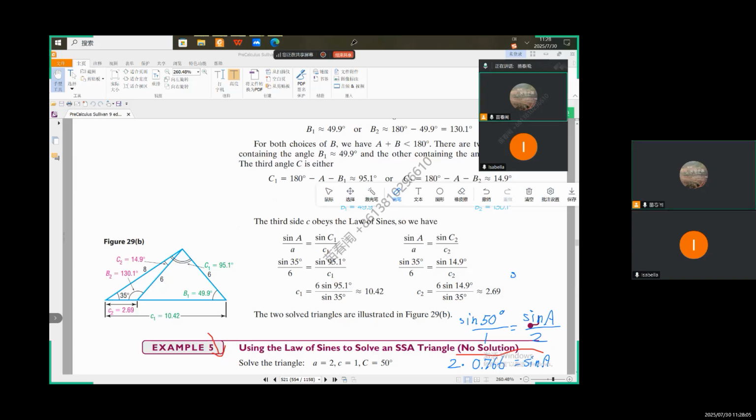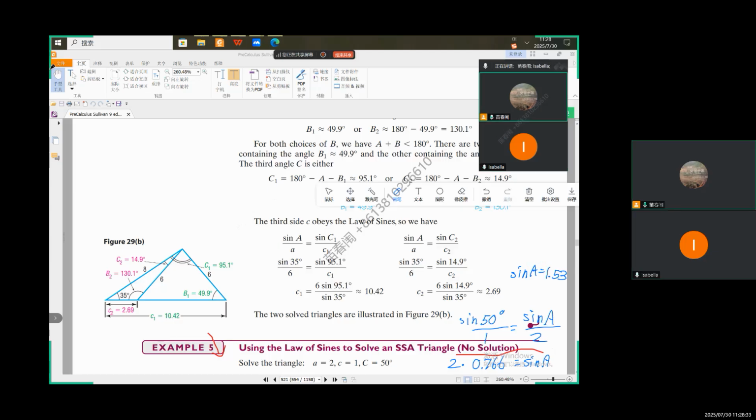This is higher than 1. It equals like 1.53. Okay, and then arc sine 1.53 in degrees.